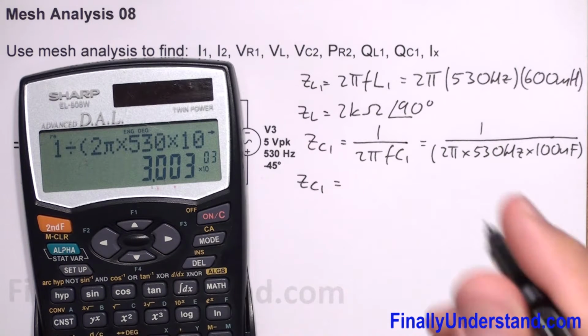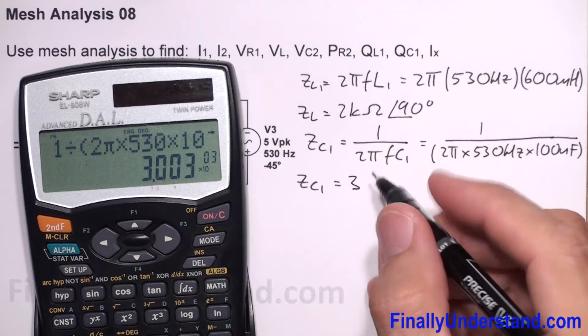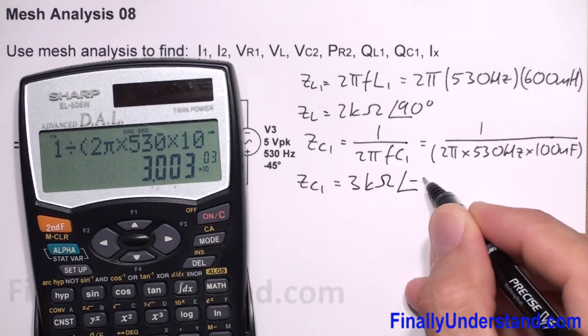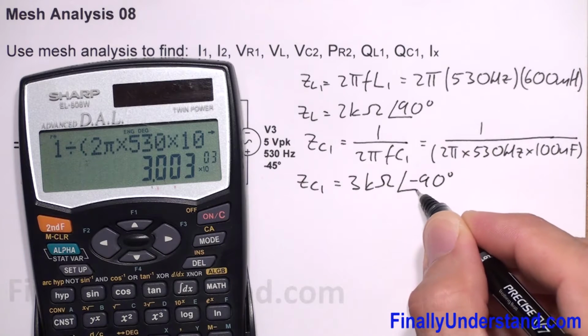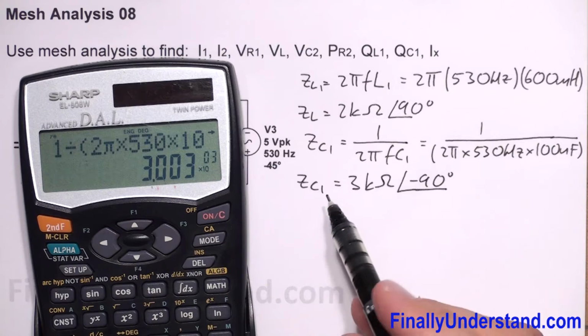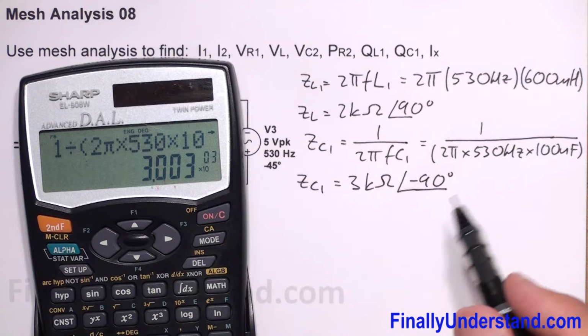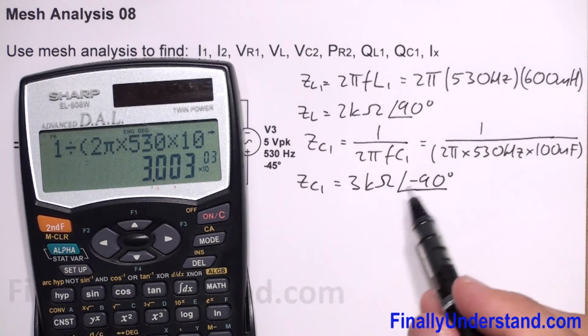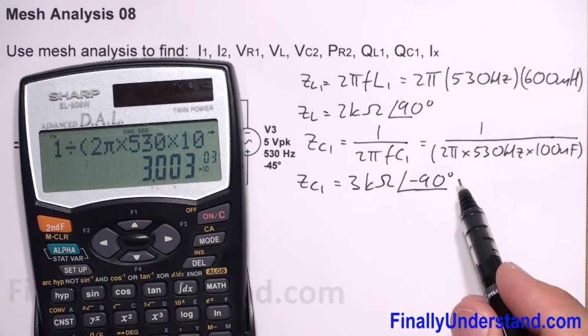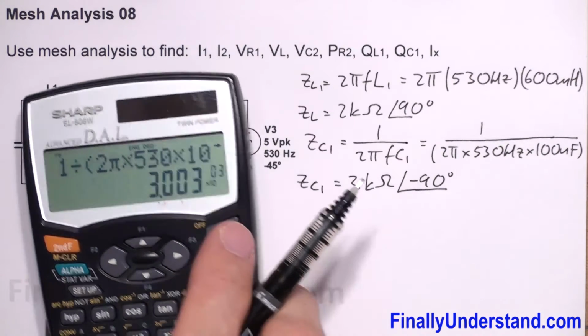This is equal to 3 kiloohms and an angle of negative 90 degrees, because the impedance of a capacitor always goes with an angle of negative 90 degrees, or negative j.